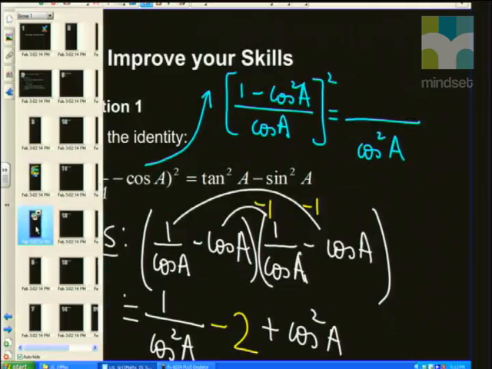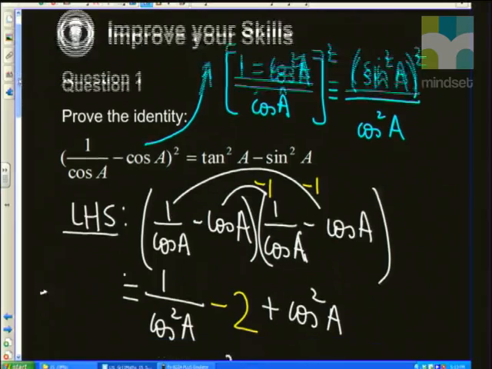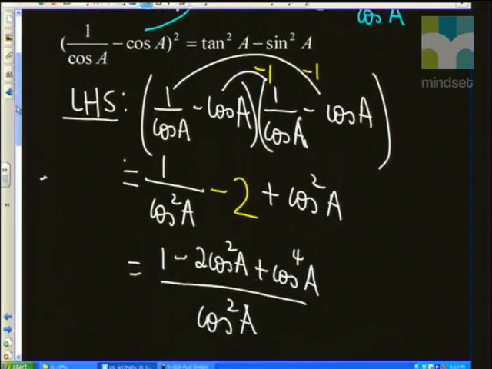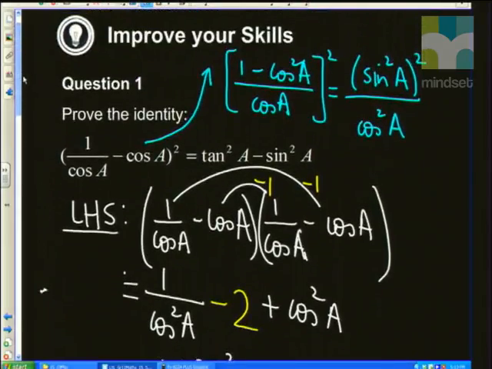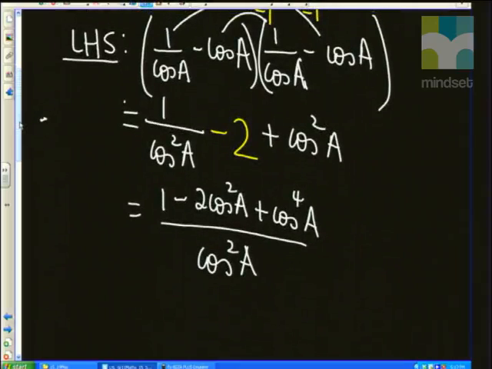So 1 minus cos squared is sine squared A, and I am now squaring that. So it's actually sine to the 4. So I've been able to simplify it slightly better in that I've been able to get it into sine squared A instead of having all these in terms of cos.